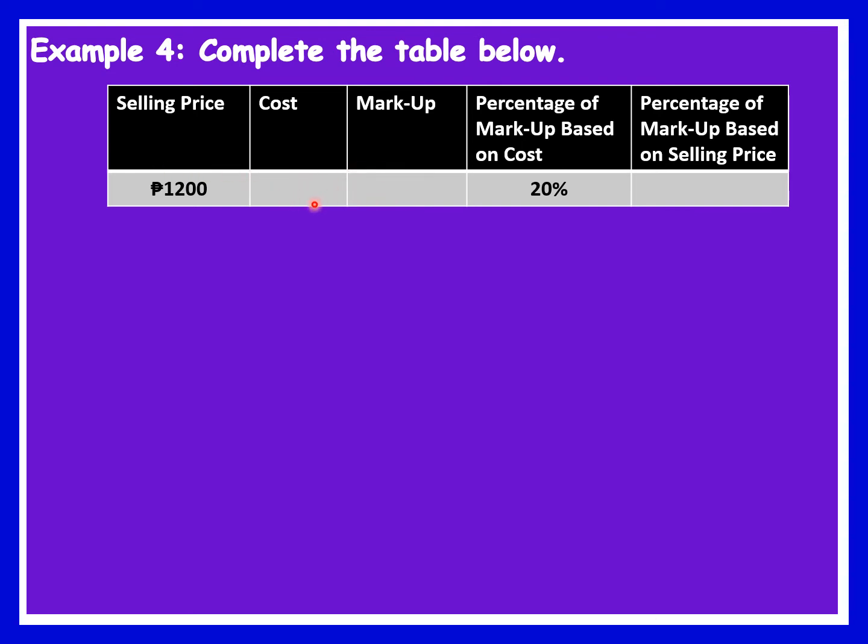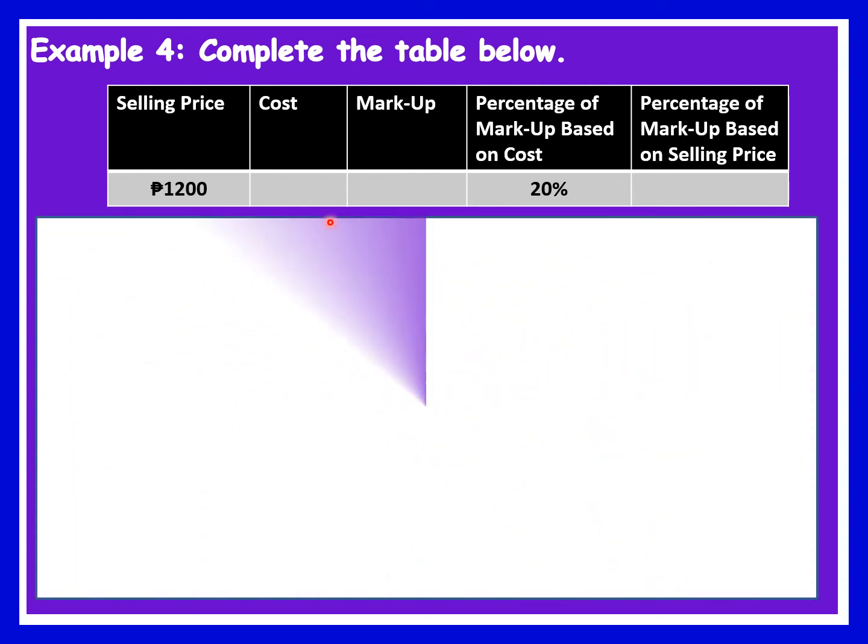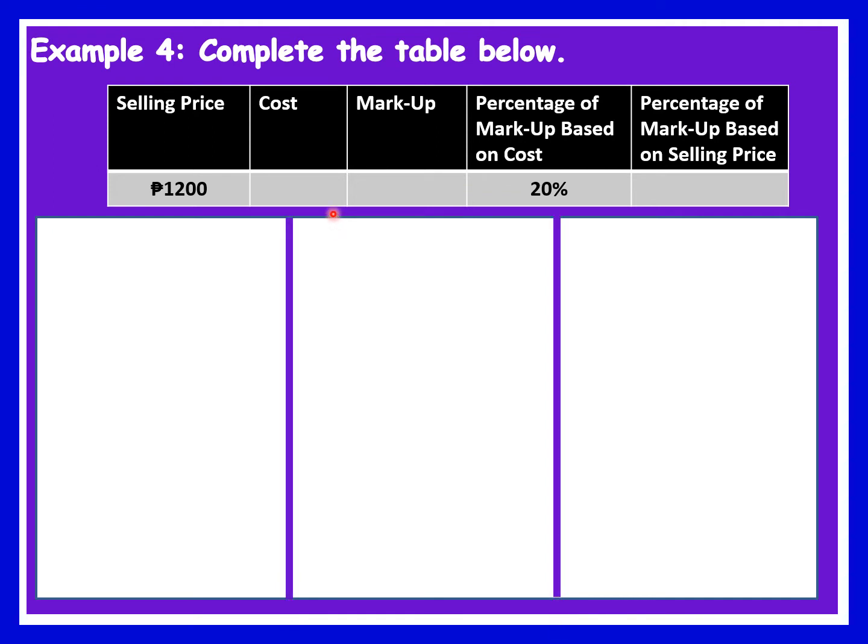By the way, let me put the papers that we will be working on. So, to solve for that, we're going to use the formula for the selling price. The SP equals M sub U plus C. But we do not have the value for M sub U for the markup and for the cost. So, we cannot find either cost or markup for that.